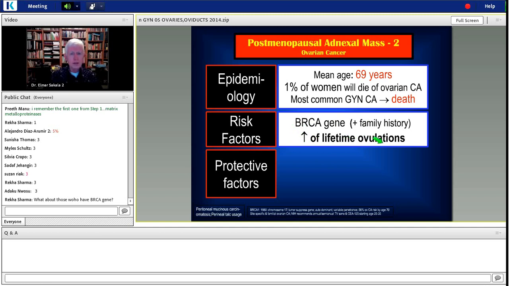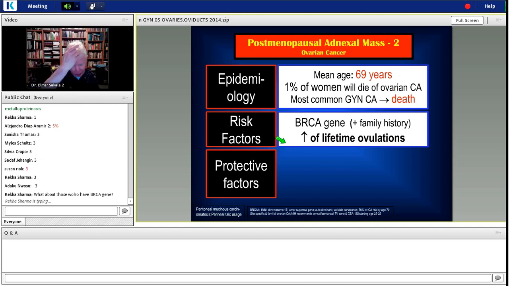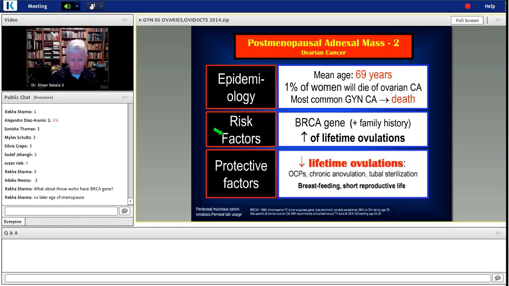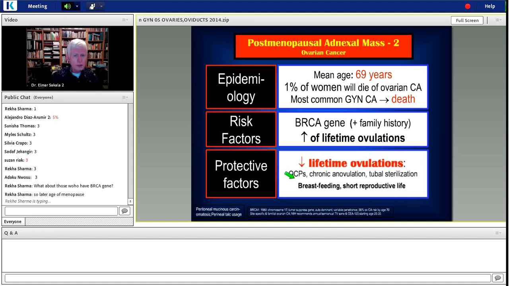Another one is the more lifetime ovulations a woman has, the more times the ovarian capsule has been broken by ovulation, the more healing that needs to take place, the more epithelial cancer. So if the number of lifetime ovulations increases a risk, how about if we decrease the number of lifetime ovulations? And how can you do that? Oral contraceptive pills will do that.